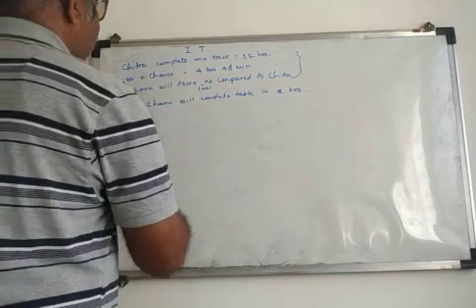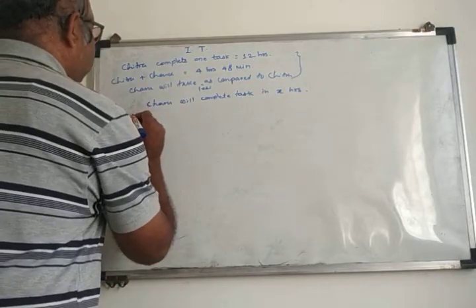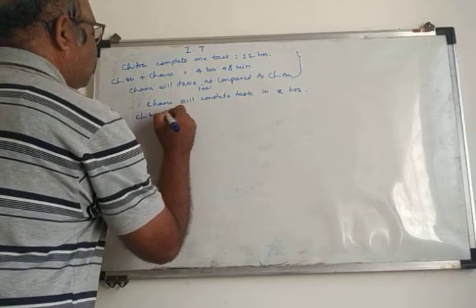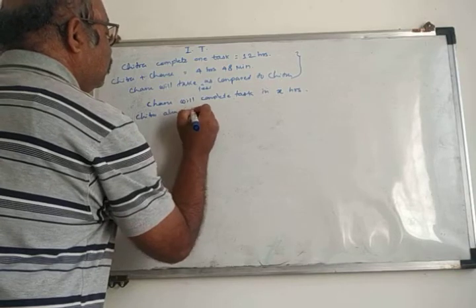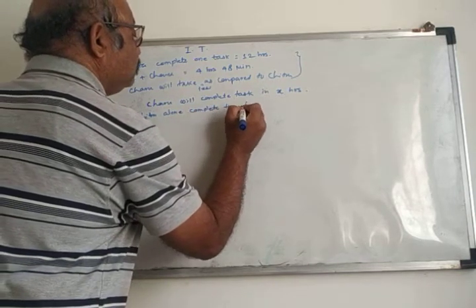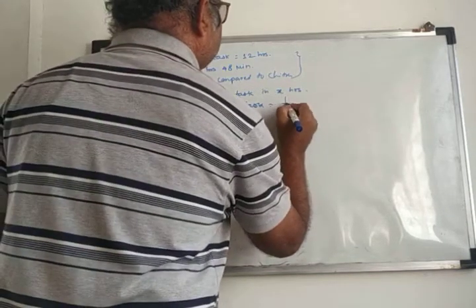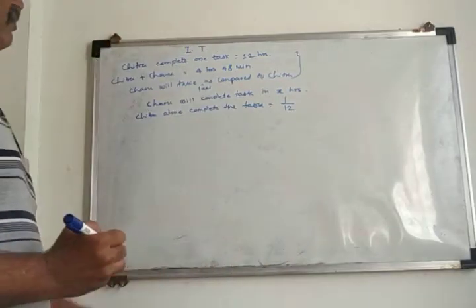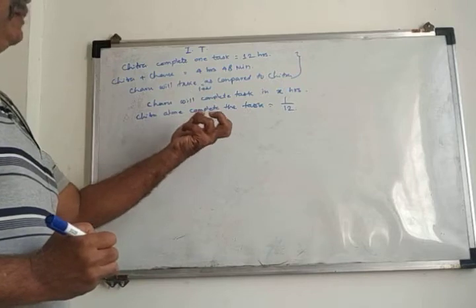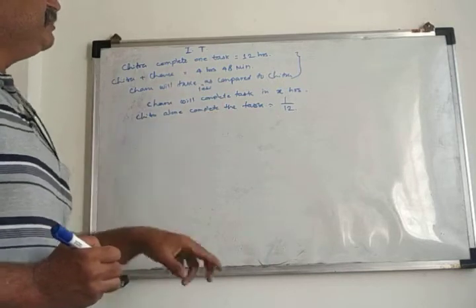So Chitra alone completes 1/12 part of the task, that is, 1 divided by the time required.